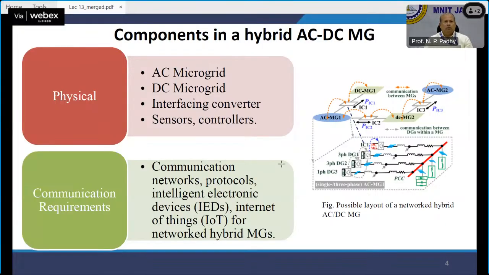When you move to communication requirements, it is your networks, protocols, intelligent electronic devices (IEDs), and Internet of Things (IoT) devices for networked hybrid microgrids. I'm not getting into the diagram as such, but one thing is very clear: you have AC microgrid 1, DC microgrid 1, then DC microgrid 2 and AC microgrid 2.